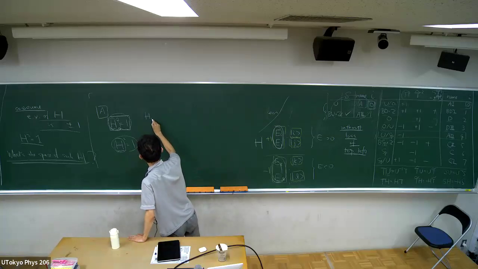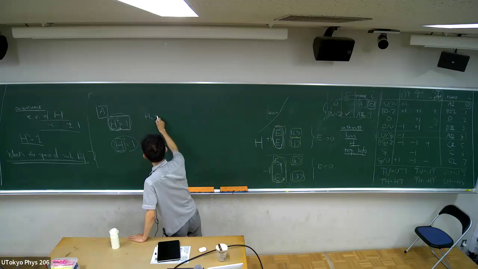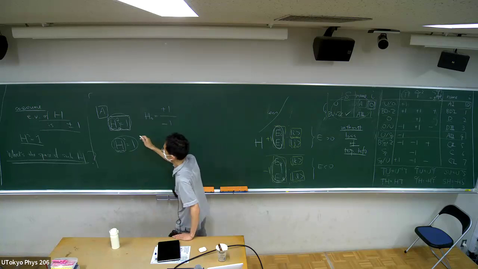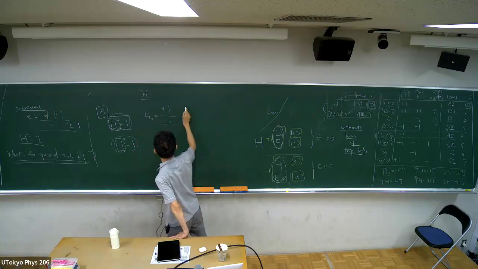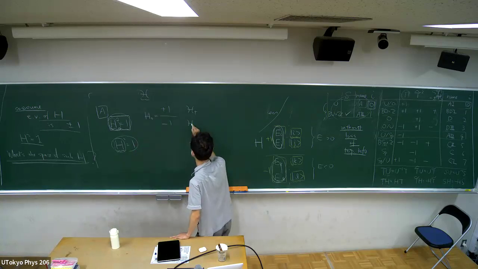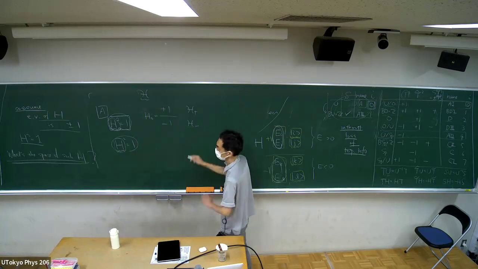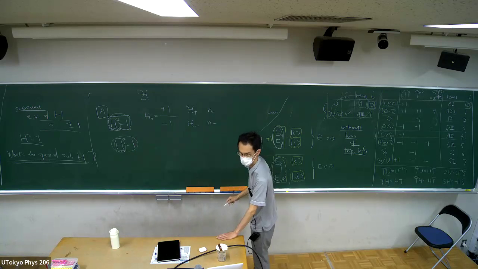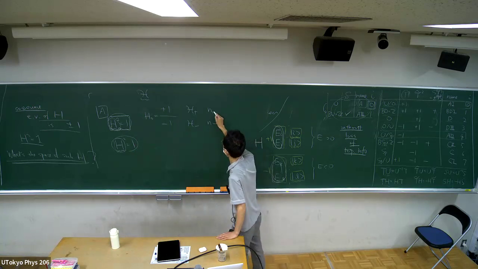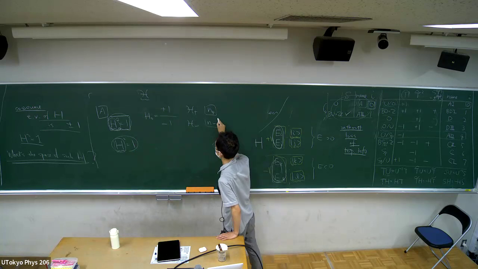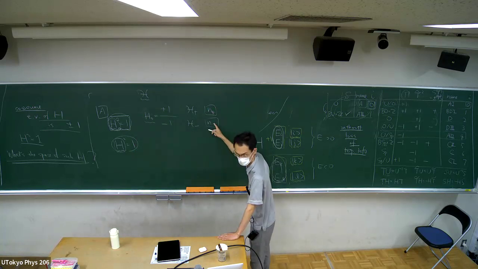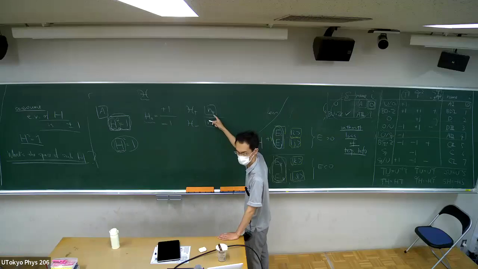So as I said, the H0 eigenvalue is either +1 or -1, right? So starting from the big Hilbert space, you can decompose it into H plus and H minus. And the dimensions can be different. And any continuous change preserves the dimensions. So you at least need to fix the dimension, right?